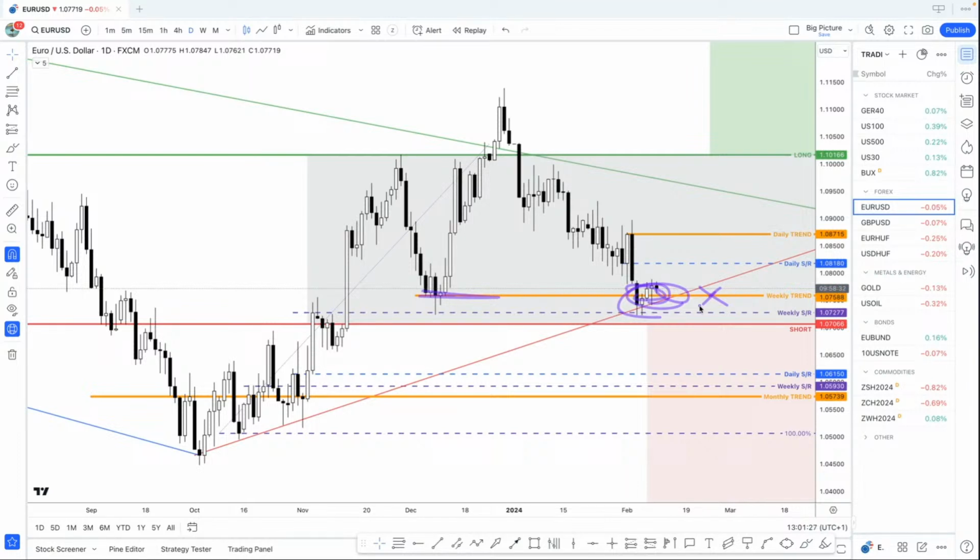Maybe for swing traders, yes, but for day traders, it's a no-go because the price can do some crazy stuff here until they decide if the market will close below this level on the daily or it will print a huge wick here on the weekly and we start to go up. We have also a south breakout on the daily and the last impulse here, or the previous impulse here.